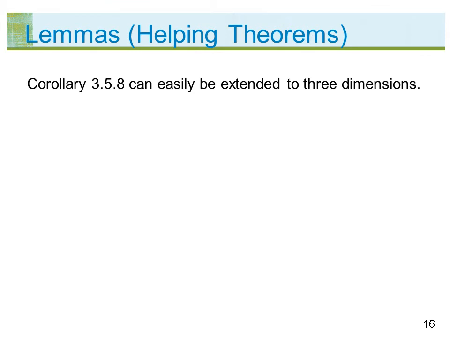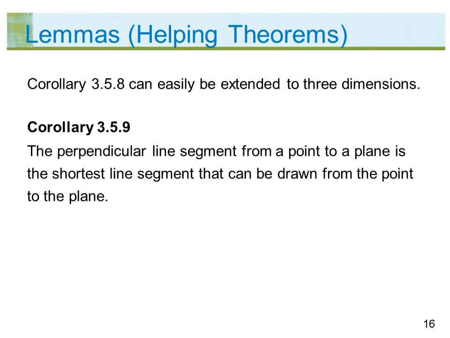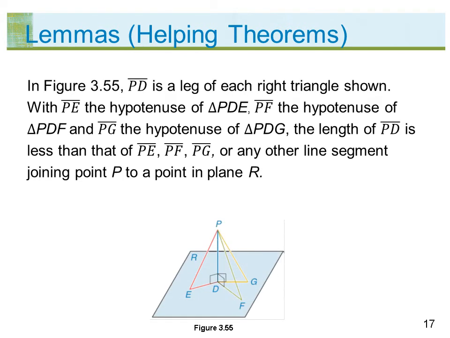Corollary 3.5.8 can easily be extended to 3 dimensions. Corollary 3.5.9: The perpendicular line segment from a point to a plane is the shortest line segment that can be drawn from the point to the plane. In Figure 3.55, segment PD is a leg of each right triangle shown.